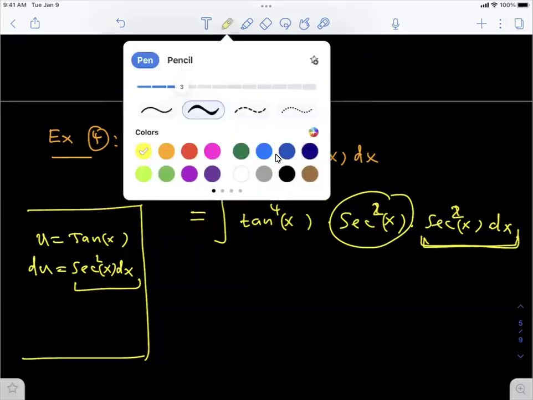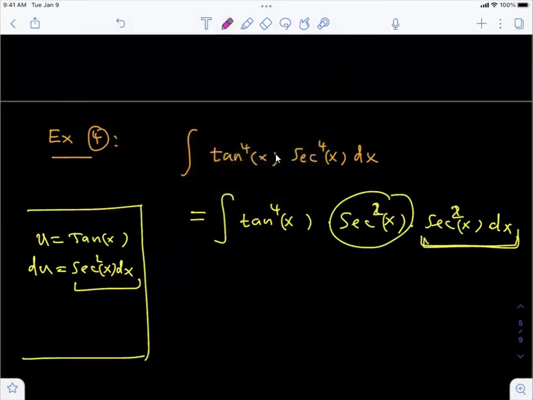That's exactly when you need to recall a little bit of trigonometry. We have seen this multiple times, and this is very useful. Secant square x is none other than 1 plus tan square x. That is exactly a result of the Pythagorean identity.